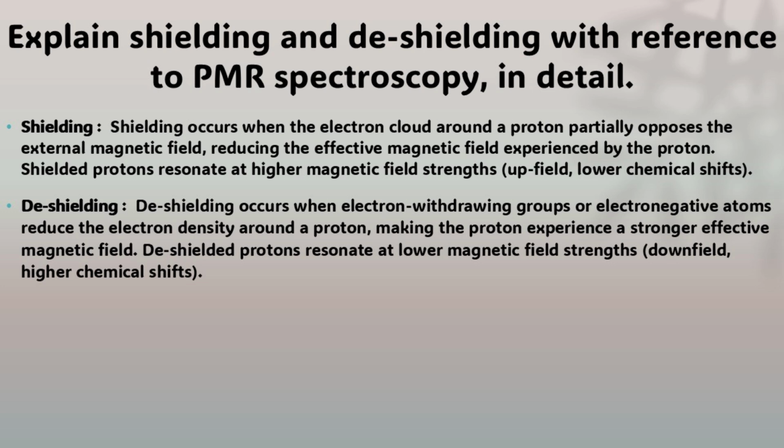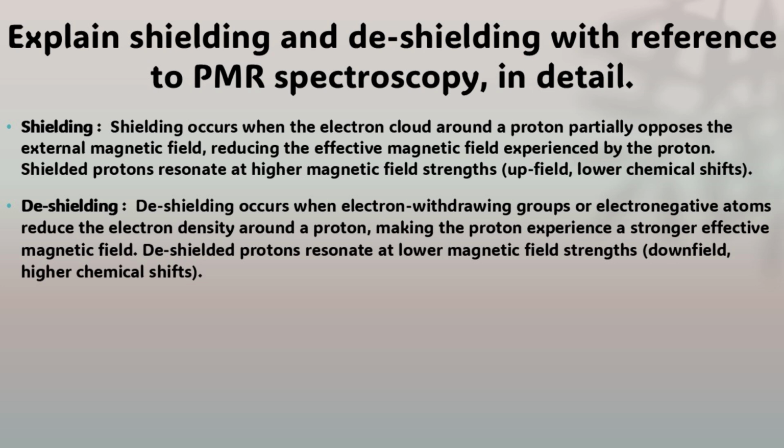Explain the terms shielding and deshielding with reference to PMR spectroscopy in detail. The answer to this question is shielding. Shielding occurs when the electron cloud around a proton partially opposes the external magnetic field, reducing the effective magnetic field experienced by the proton. Shielded protons resonate at higher magnetic field strengths, upfield, lower chemical shifts.